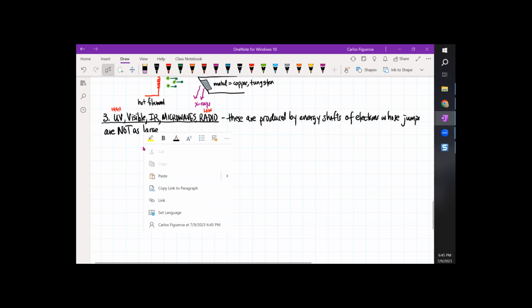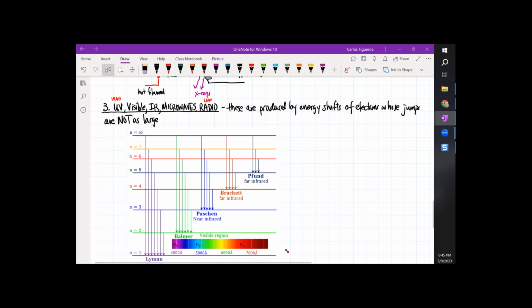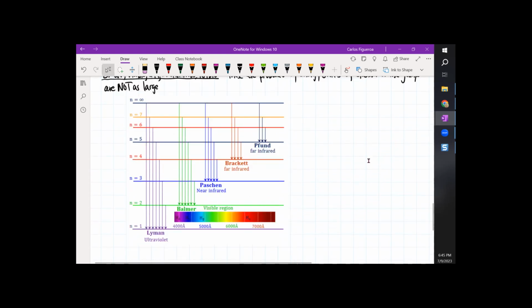So now here's an image that I think is a really good image. I'm going to make this a little bit bigger so it's easier to see here. What you're seeing here is that this is only for hydrogen. This is the hydrogen atom. And it also goes through all of these other atoms too, but hydrogen's the easiest, and that's what I'm looking at.